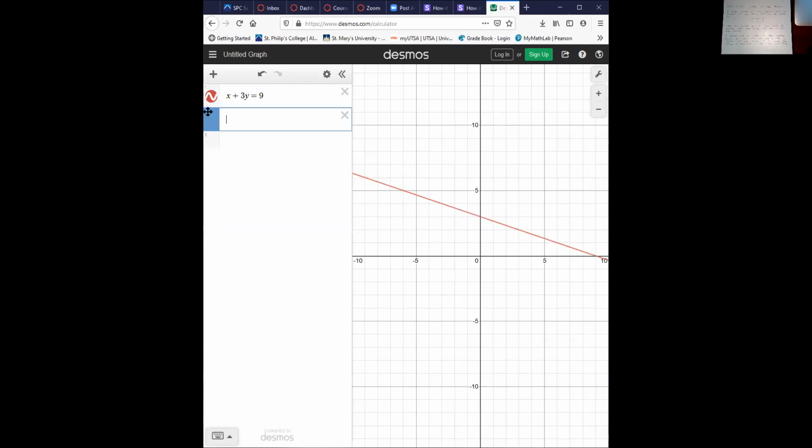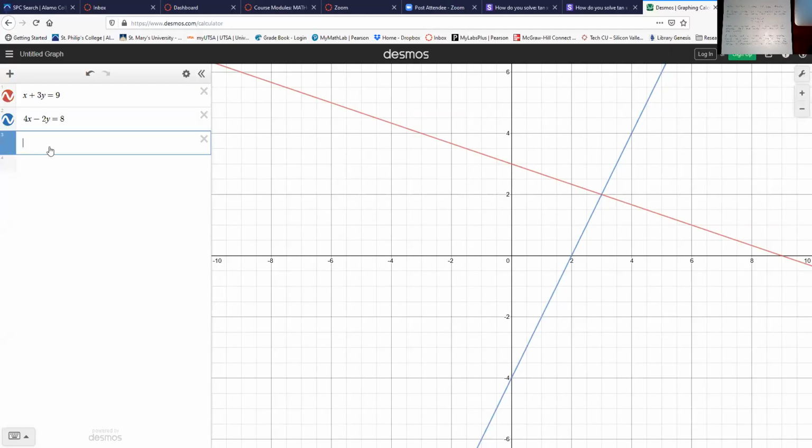All right, let me type these guys in real quick. Okay, let me zoom in. So these are two equations. If you think of this as one system, the solution to the entire system is basically the point where they intersect. So you could graph them and use Desmos to help you find the solution.